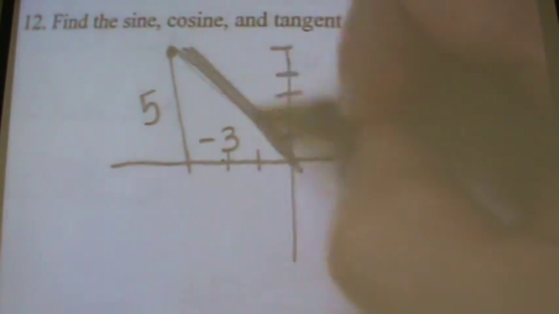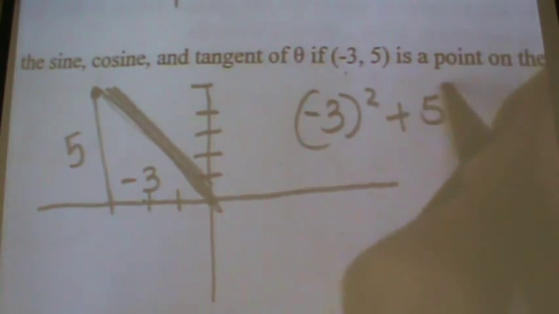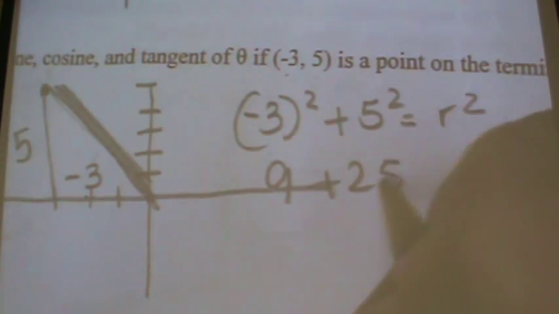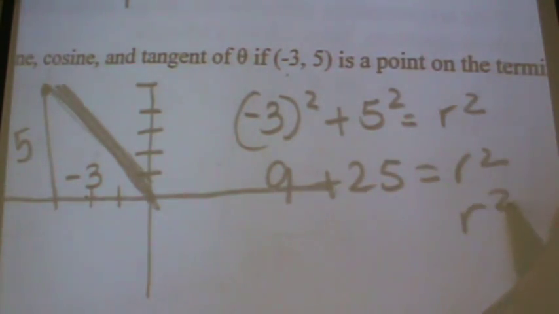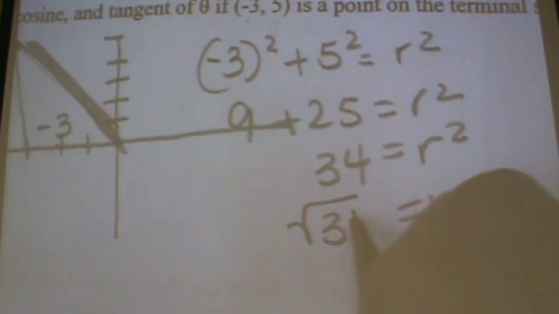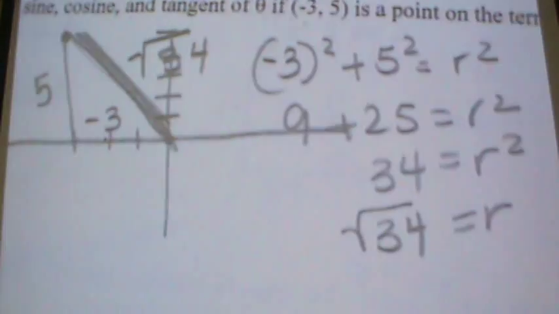How do you figure out what that is? So you get 9 plus 25. R squared is 34. So R is root 34. If you can simplify it, do it, but you can't. So the R value is always positive.